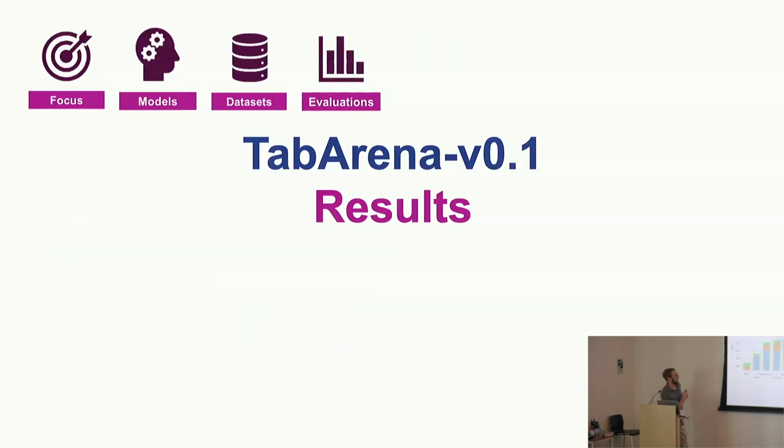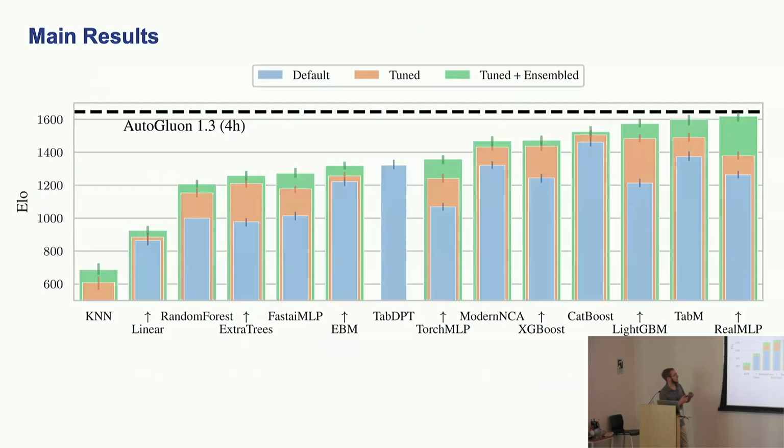So the results are as follows. This is for the full 51 data sets. Notice that TabPFN, for example, isn't in this figure. That's because we only include methods that succeed on all tasks in the main figure here. TabPFN currently only is run on less than or equal to 10,000 samples and less than or equal to 500 features.